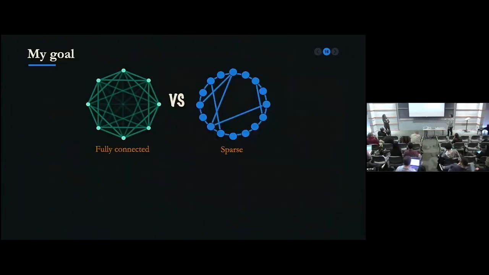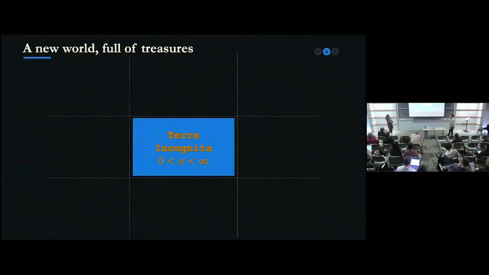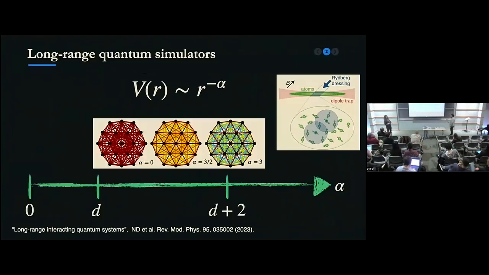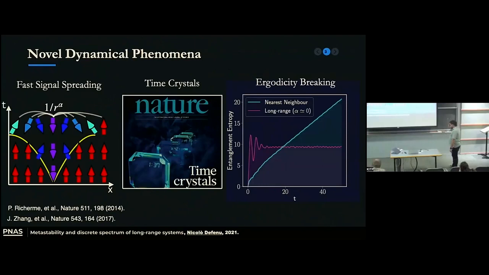So basically, okay, what I do believe, and many people in the audience know, and it's also written in this paper, is that this ergodicity breaking is strongly connected with the fact that long-range interactions with alpha smaller than the dimension have a quasi-particle spectrum which is discrete.